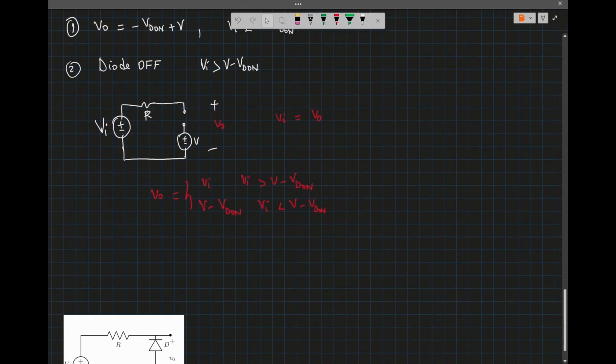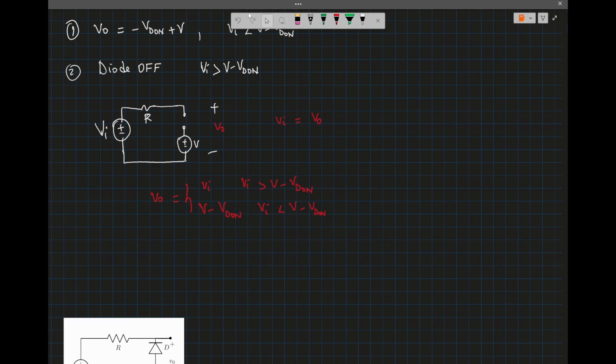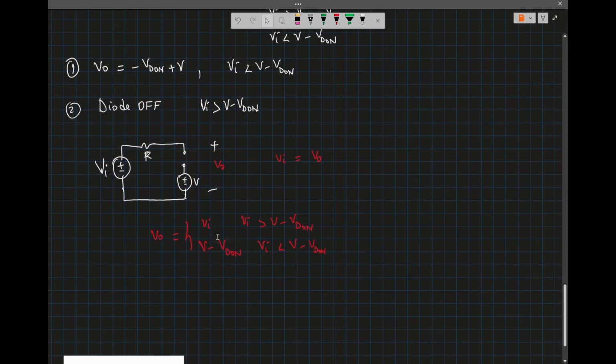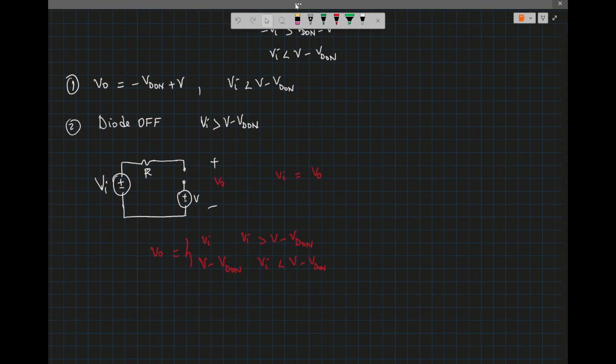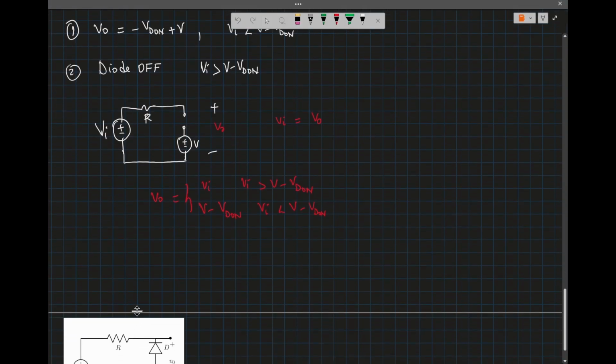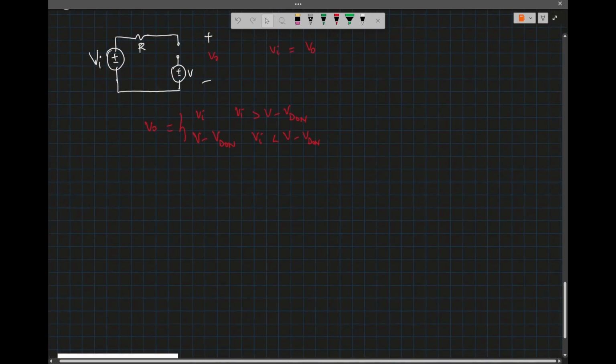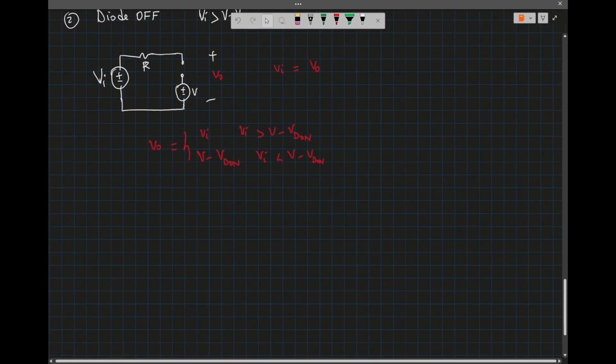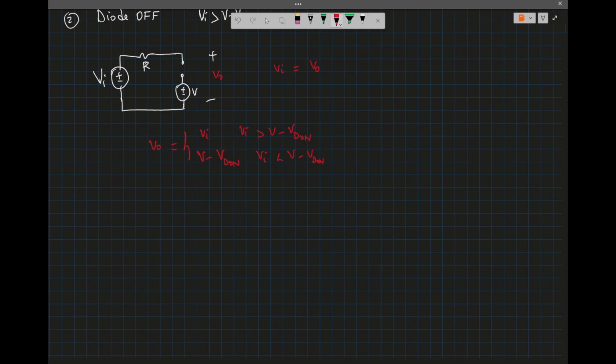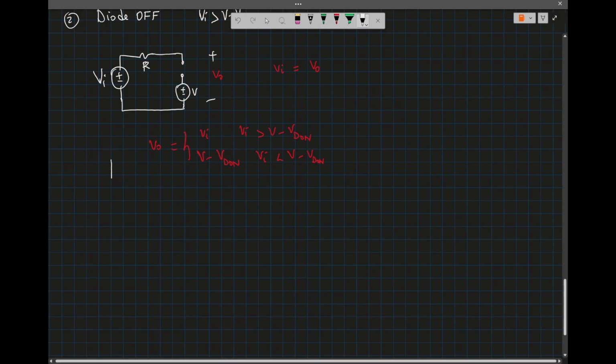So that's the threshold voltage. So I can sketch the output voltage.